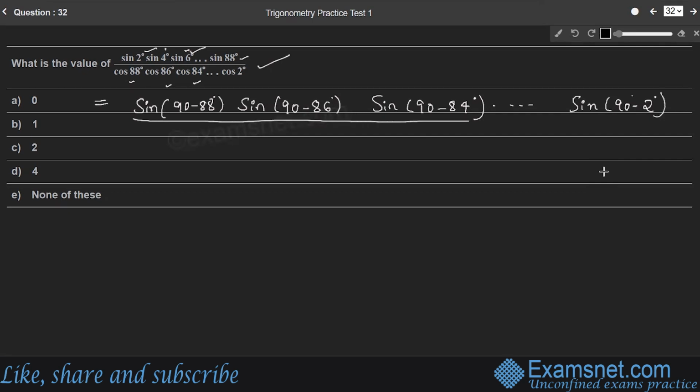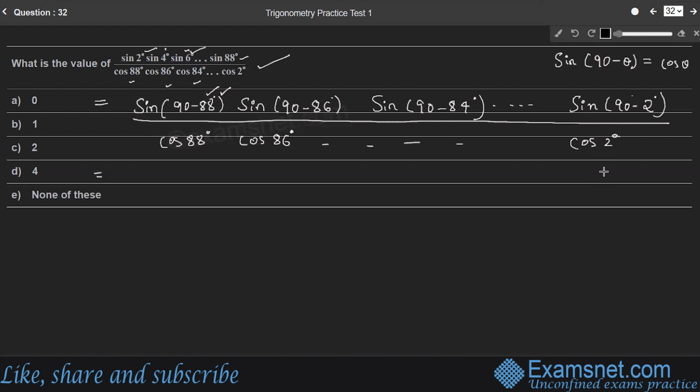Whole divided by, let the denominator part be as it is, cos 88 degree into cos 86, so on up to cos 2 degrees, right? Here, consider the numerator in which sine 90 minus 88 degree is in the form of sine 90 minus theta. Sine 90 minus theta is equal to cos theta, right? Therefore, here theta is 88 degree.